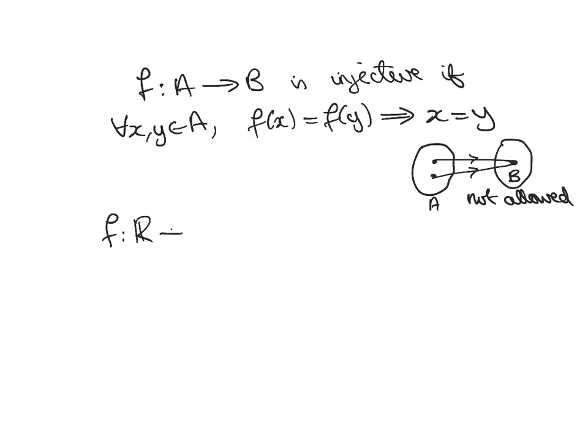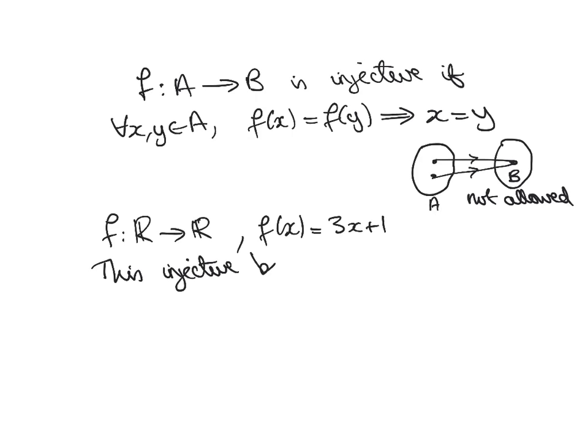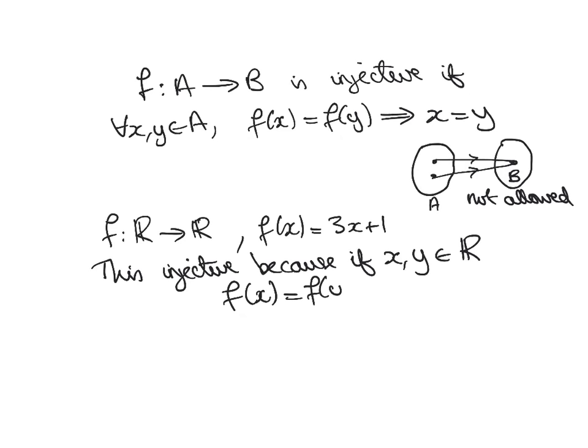Suppose we've got f mapping the reals to the reals given by the formula f of x equals 3x plus 1. Well, this is injective because if we take two potentially different elements x and y in the domain, and we see what happens when we assume that f of x and f of y are the same.